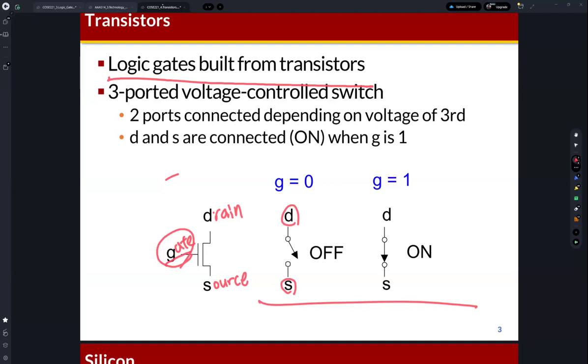I mentioned that a transistor is a controllable switch, right? Then using the gate node, we can control the behavior of the switch. There are two behaviors, turn on or turn off.